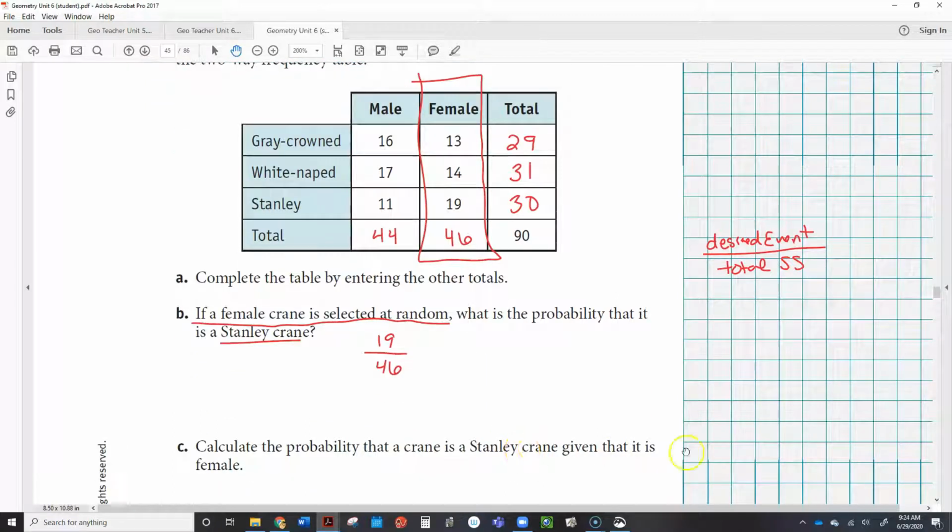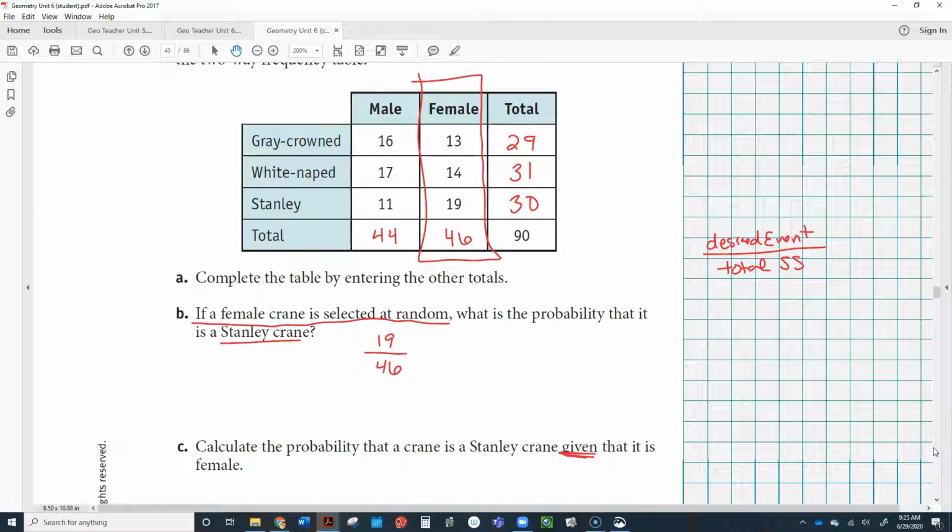Now, this one looks like it may be a different question. However, it's not. It's the exact same question. It says calculate the probability that a crane is a Stanley crane given that it's a female. So this terminology is just another way of saying the exact same thing.